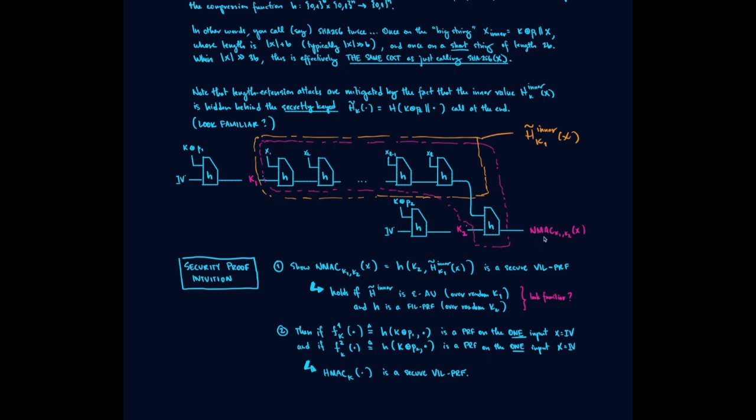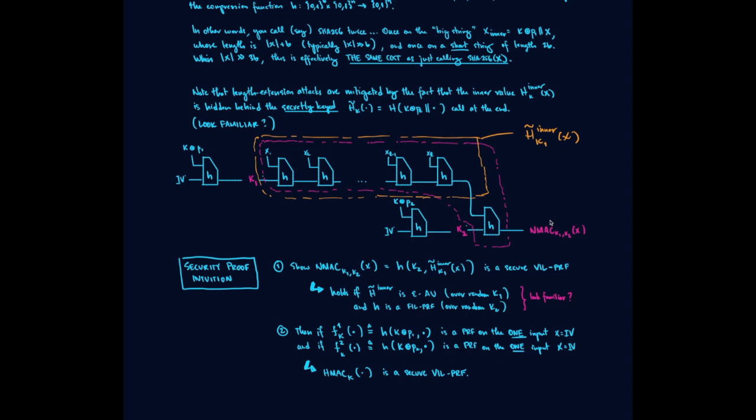Well, if you look at NMAC, you can break it into two pieces. One is what's inside this orange box, which I'll call H tilde inner, using key K1. This orange box is a hash function. It's the hash function that we started with, but where we've now given ourselves access to the IV and replaced it with a secret key K1. So the output of this is this thing.